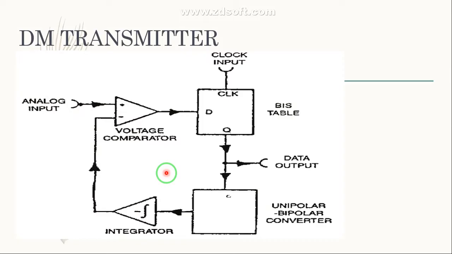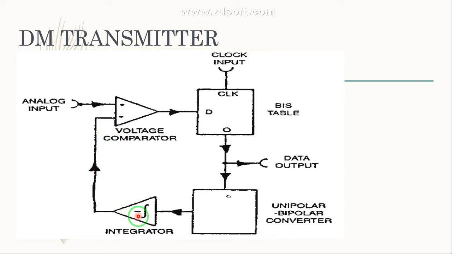So let us understand how this delta modulator works. The analog signal which is to be encoded into digital data is applied to the positive input of this voltage comparator, which compares it with the signal applied to the negative input from the integrator output.